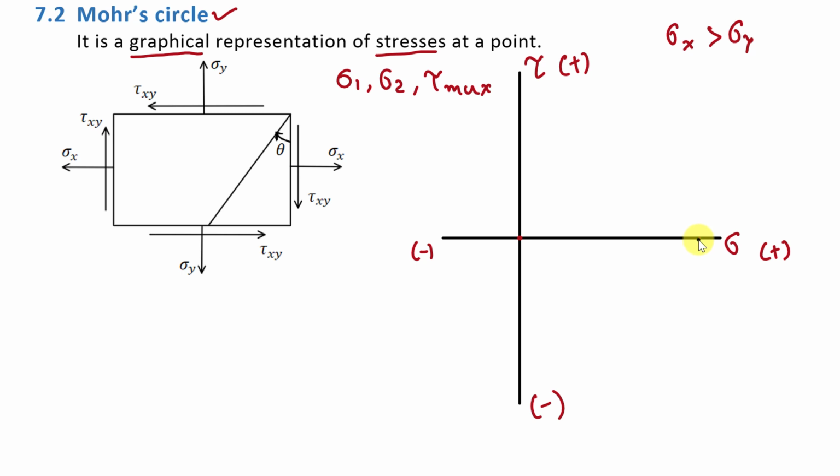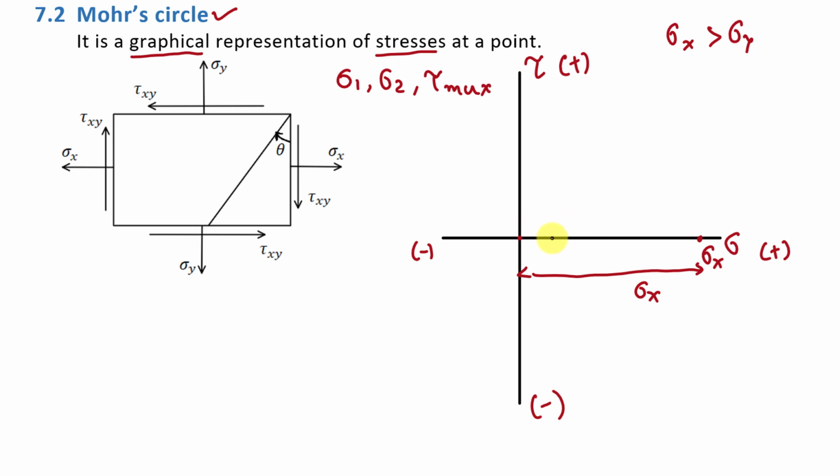So let's say sigma x is somewhere here, and this distance is sigma x. Also there is normal stress sigma y on this surface, and it is also tensile in nature, so it will also be on the right side of this point.